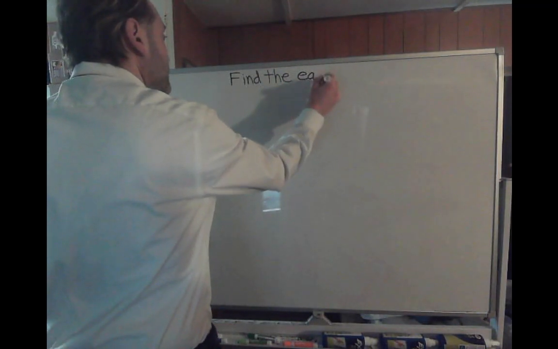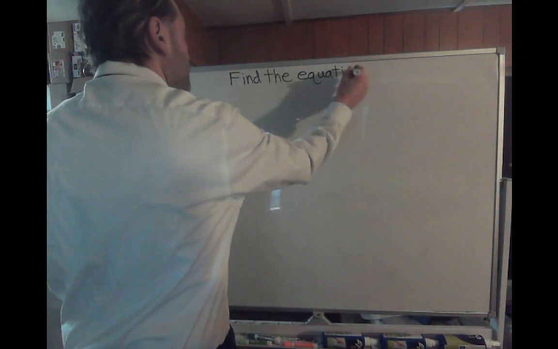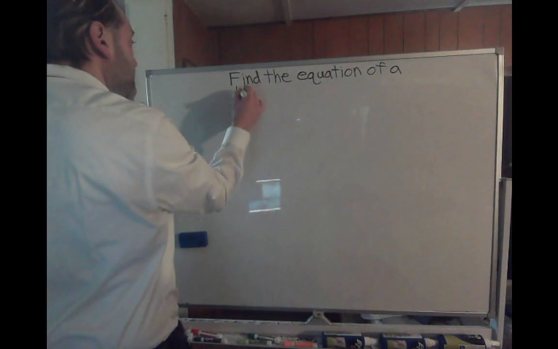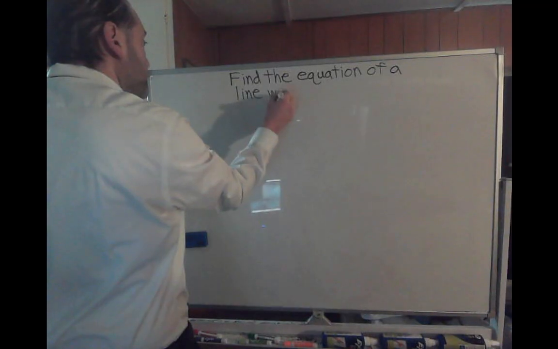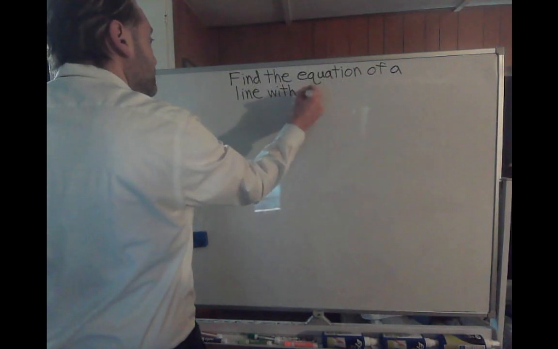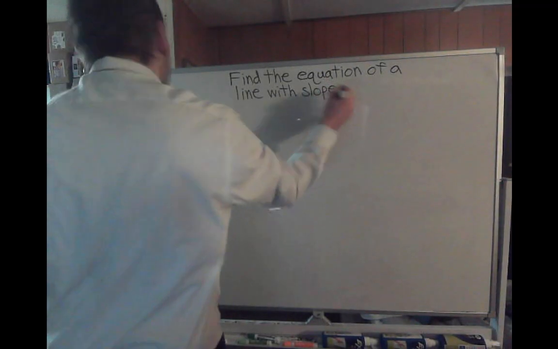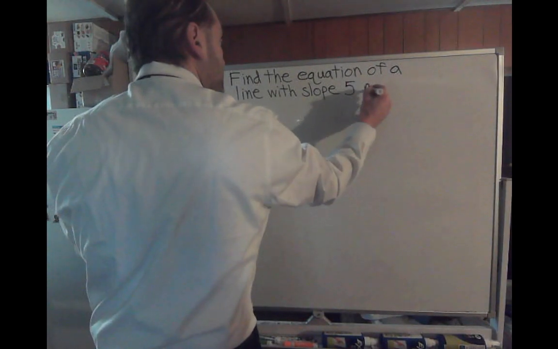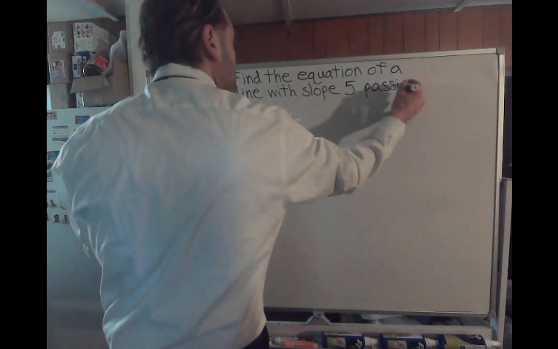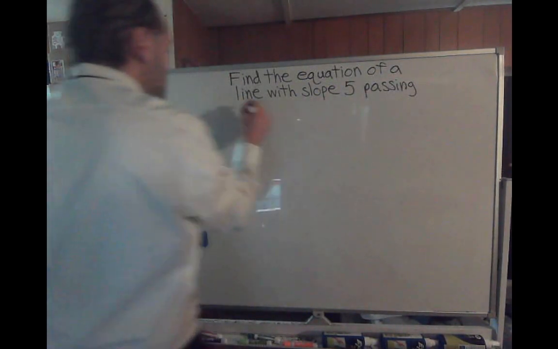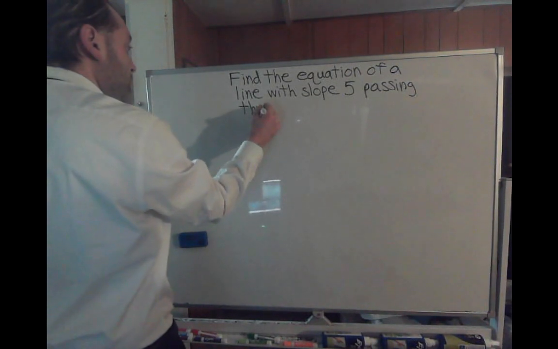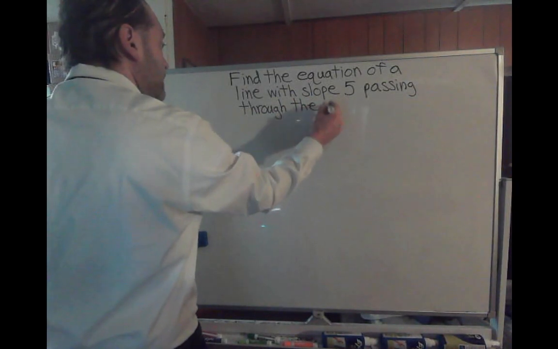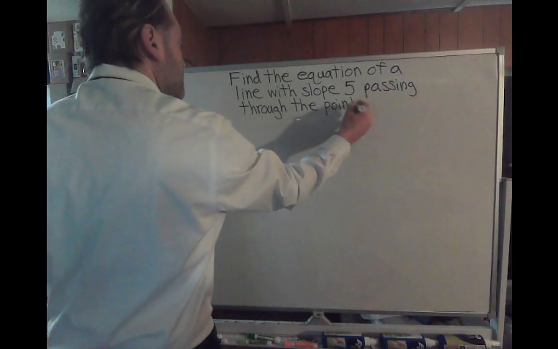Find the equation of a line with slope 5 passing through the point 1, 2.